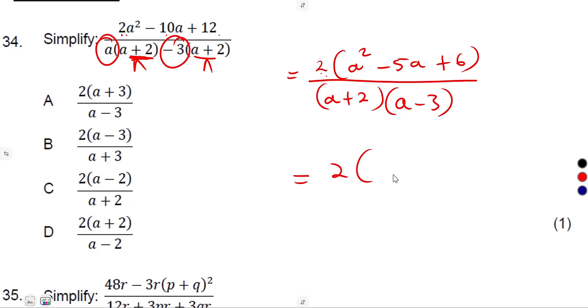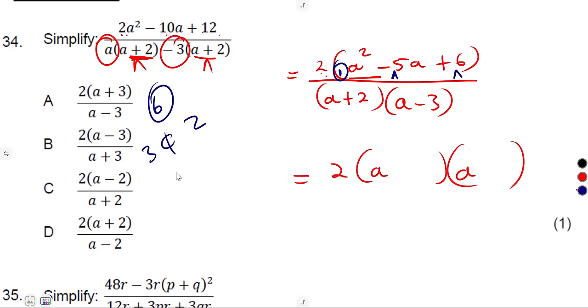We are going to have two brackets from the trinomial in the numerator where the coefficient of a squared is 1. So we're going to have two brackets, a and a here, with factors of 6 which add up to negative 5. Products of 6 are 3 and 2, but to get a negative 5, we must have negative 3 and negative 2.